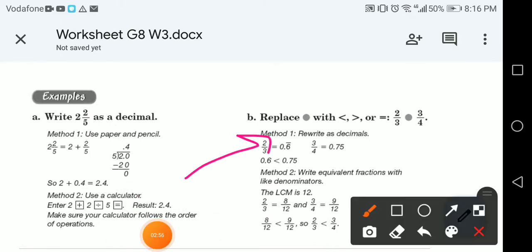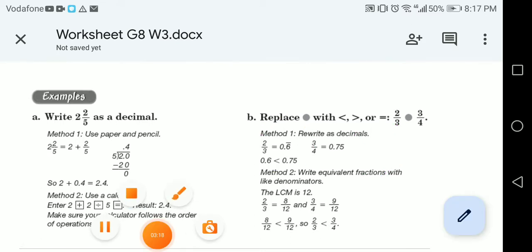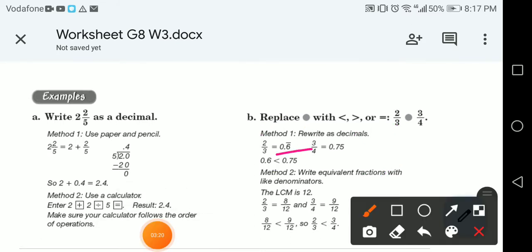What if I want to compare, less than, more than, or equals, 2/3 and 3/4? I have two ways. I can convert them into decimals, and I showed you how, or I can use the LCM and make the denominators the same. If I did it this way, I got 0.6 repeated and 0.75 terminating.